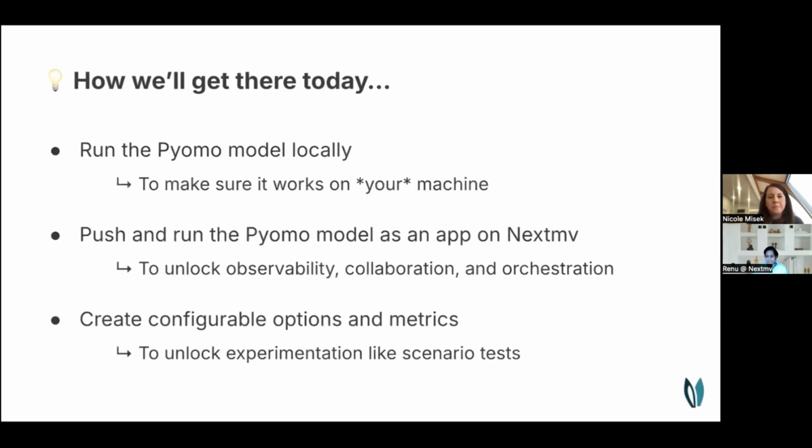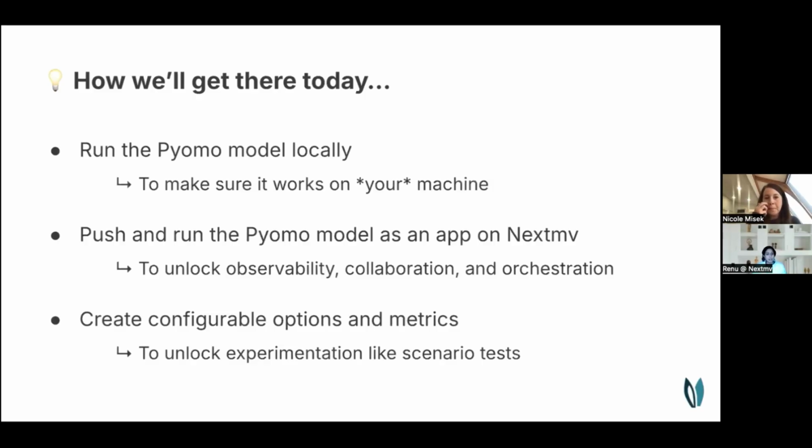So how will we get there today? Nicole's going to walk us through three steps, kind of a crawl, walk, run approach. For the first step, we're simply running the files that we're downloading from Pyomo with no changes, just to make sure it works on your machine. The second step, the walk step, will be turning that Pyomo model into a decision app on Nextmv.